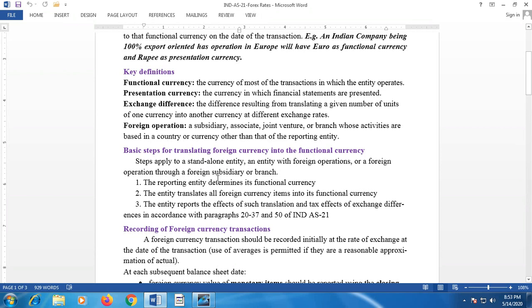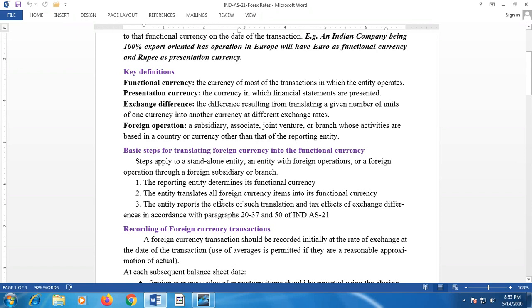That means the foreign operations may be conducted through a subsidiary company or through its branch. In such a case, the reporting entity determines its functional currency, which is suitable. In case it operates foreign transactions in different currencies, and most of the transactions are conducted in a particular currency, it may select that as the functional currency.